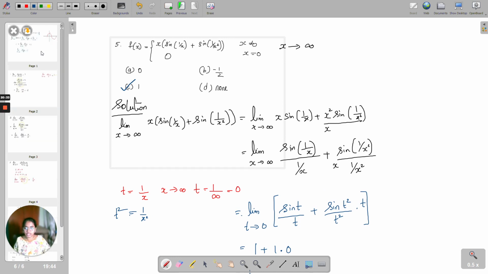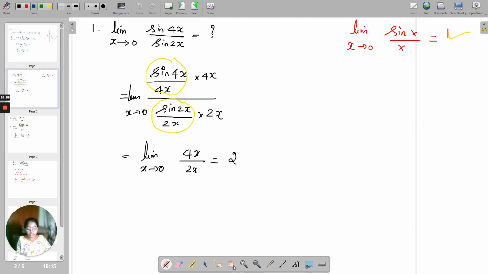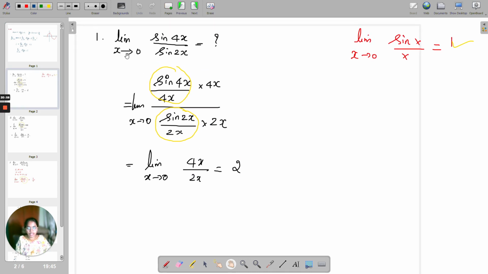So what did we study in today's class? From the sandwich theorem, we applied the limit, that is limit x tending to 0, and we arrived at a form of limit, that is limit x tending to 0 of sin x divided by x is equal to 1. And then we saw different types of problems where, when x tends to 0, all you have to do is make sure that you get this sin x term in the denominator so that you can replace it with 1.